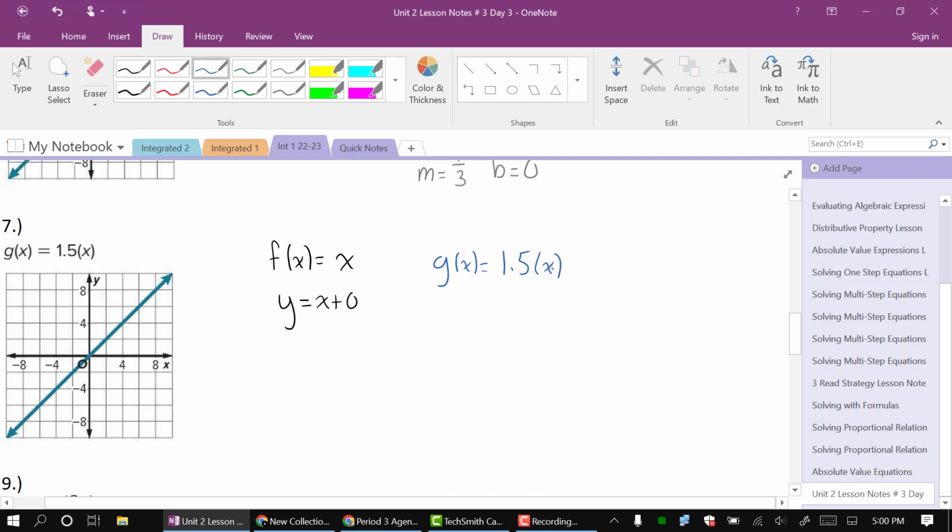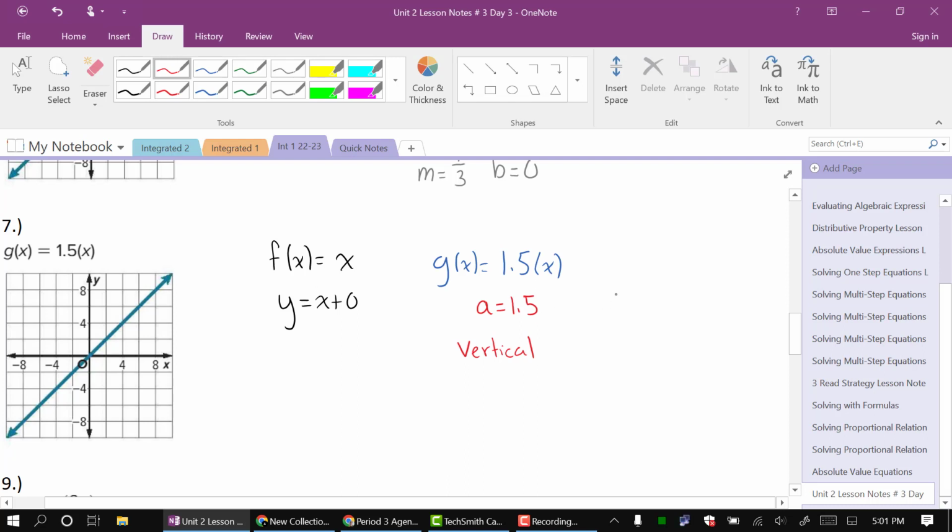Again, we're multiplying on the outside. Since we're multiplying on the outside, this is going to be vertical. Now we want to figure out, what is our a value? The number that's multiplying the x is 1.5, so a equals 1.5.